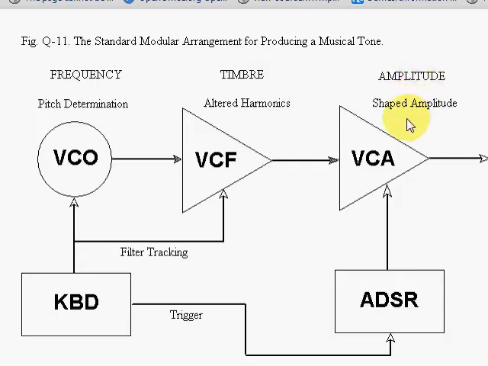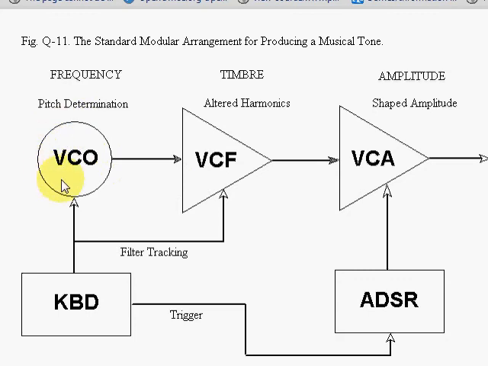So here, the big three, the concepts in physics: amplitude is related to your loudness, your timbre is your waveform, the shape of the wave, and your frequency is your pitch.